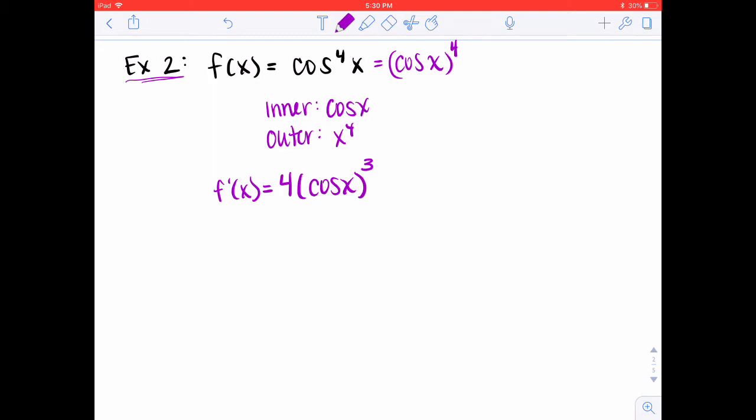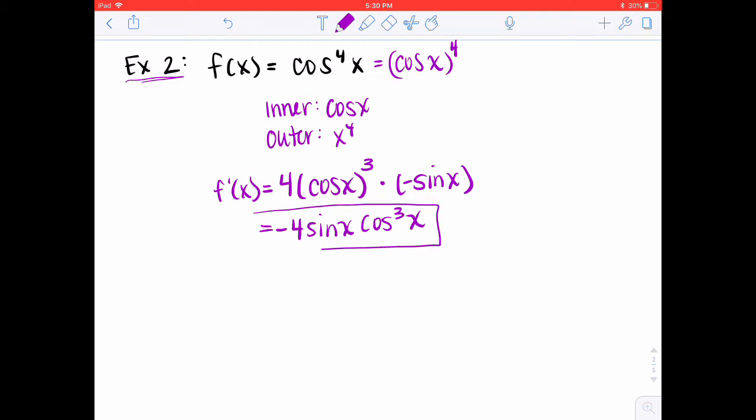Now we multiply by the derivative of the inner function, which is negative sine x. Rearranging to make it look nicer, negative 4 sine x cosine cubed x is our derivative for that one.